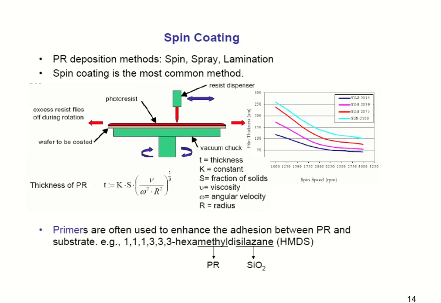If you really want good adhesion, you can apply the primer first and then apply the photoresist after that. So the primer enhances the adhesion of the PR to the substrate. It is also very thin, so you don't need to worry about its effect on the thickness of the patterned photoresist.